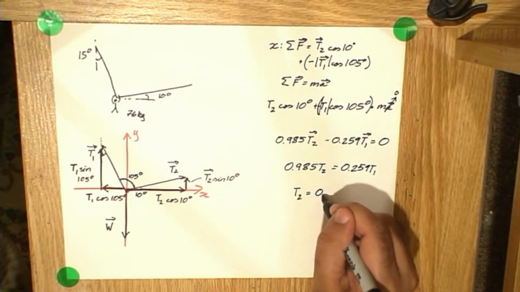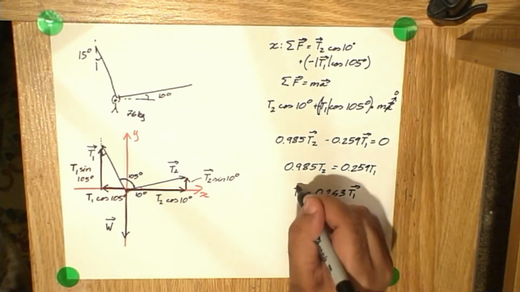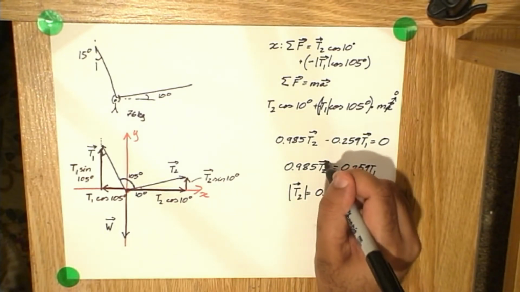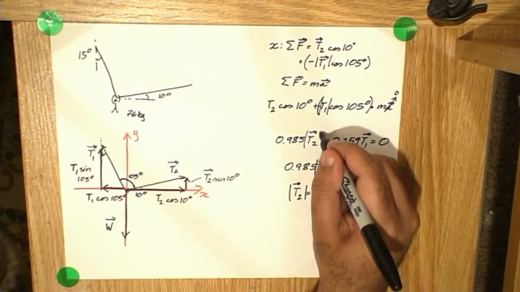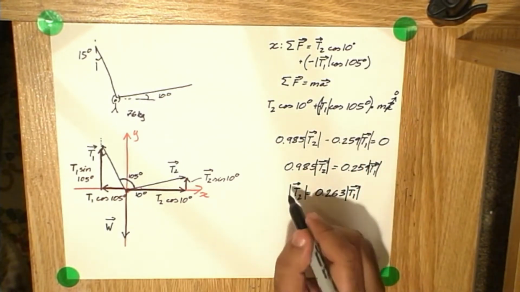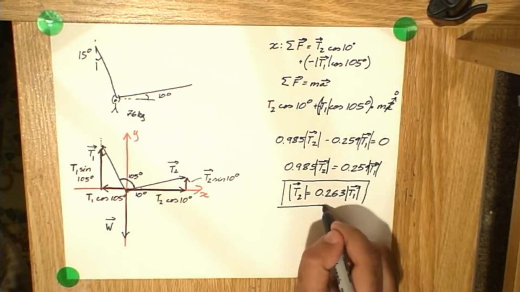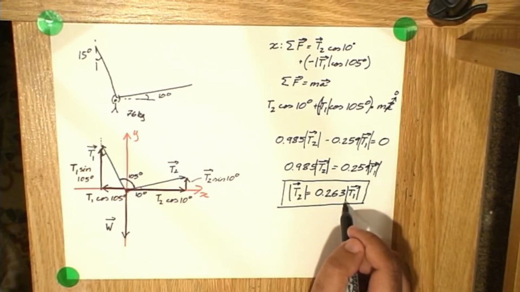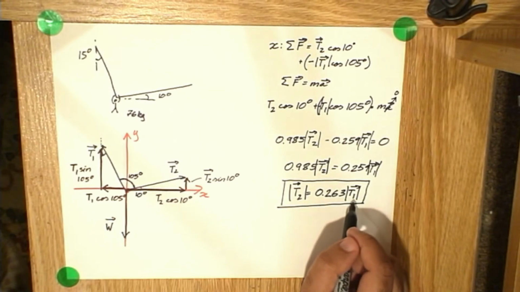T2 is equal to 0.263 T1. So this is the first relationship we have between these two tensions, that T2 equals 0.263 times T1. But this is one equation and two unknowns, so we're going to have to look at what happens in the y direction.